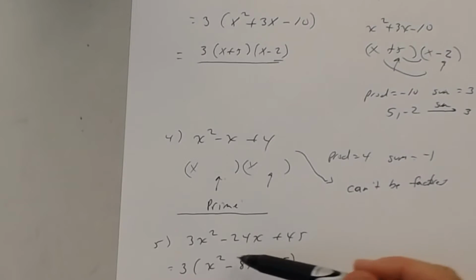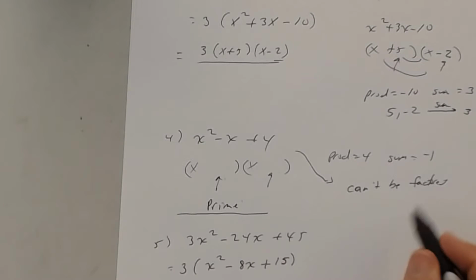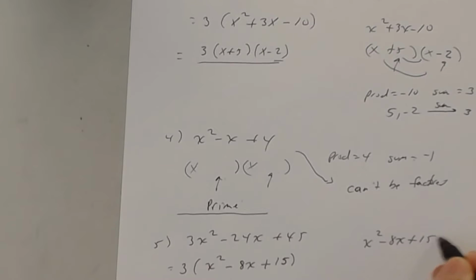You've got to look at that trinomial and see if you can do anything further with it. See if you can factor that into two binomials. What's going to go inside the parentheses? The first, x and x. All right, I need to complete these two parentheses right here.